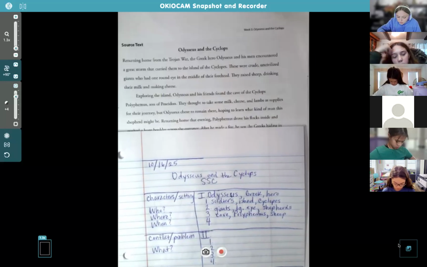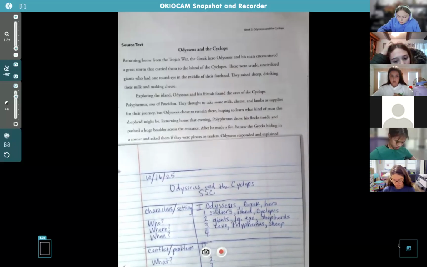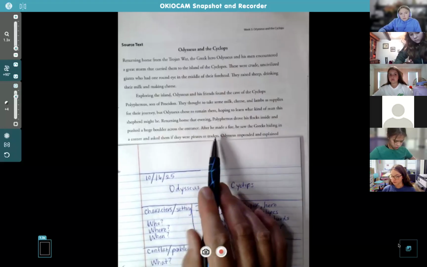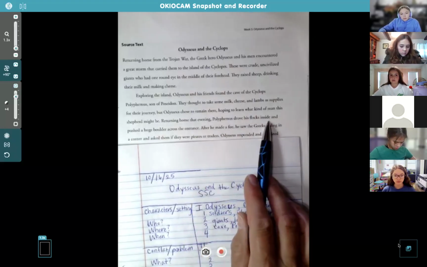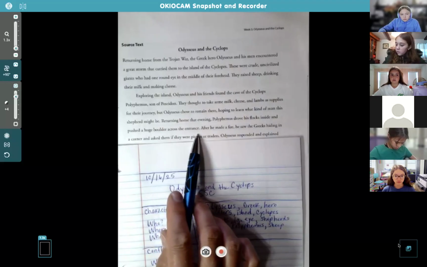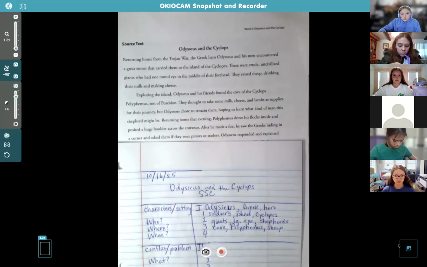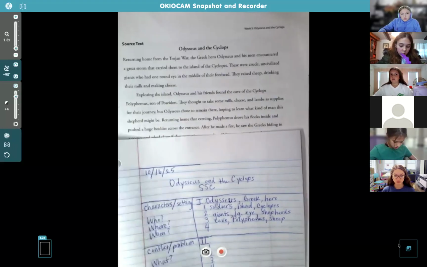And then remember, the Cyclops builds a fire right here in the middle of the next paragraph. So they're inside, the flocks are inside, and he pushed a big boulder across the entrance. After he made a fire, so the light of the fire, he sees the men in the corner, right?